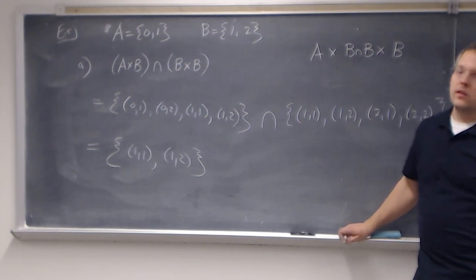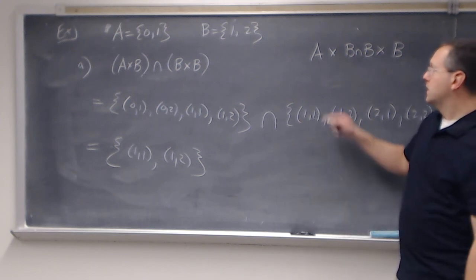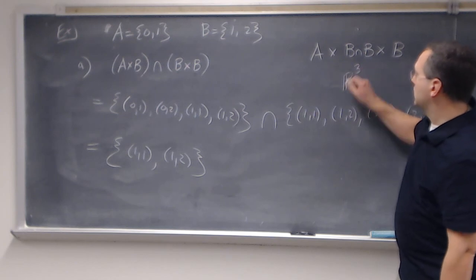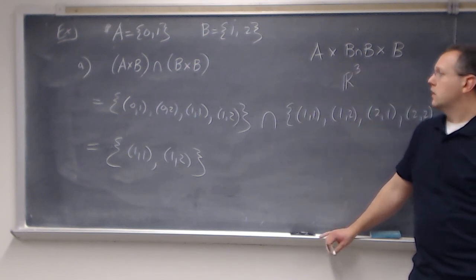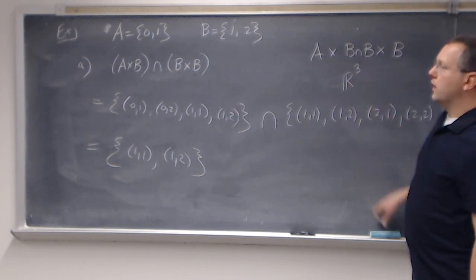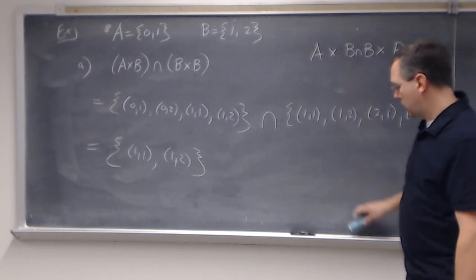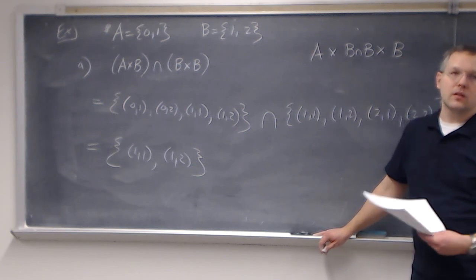Usually, when I've seen cross products with more than 2 sets, it's like R cross R cross R. That's really what you're going to deal with in a Calc 3 class. You'd see R cubed. Any of these other ones where they have multiple cross products, in this book, it's more informative. It's trying to get you to think about the definitions.